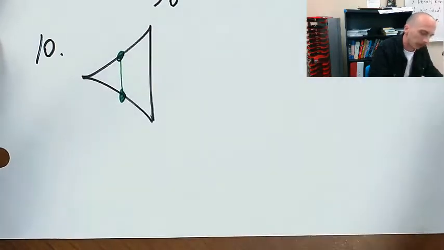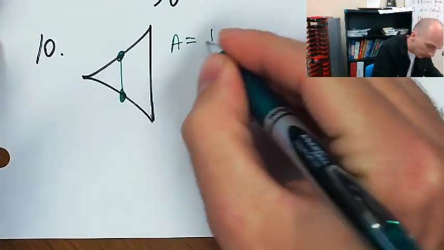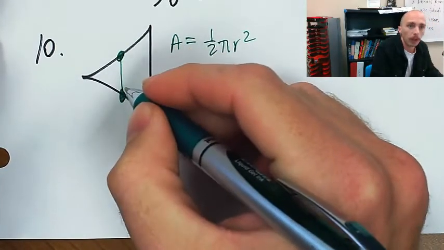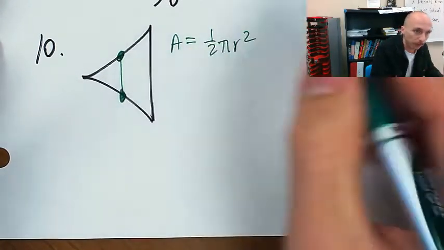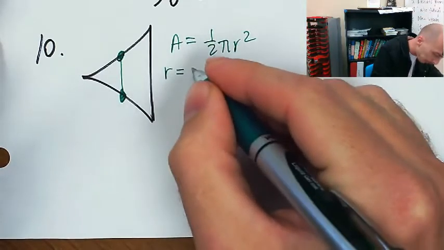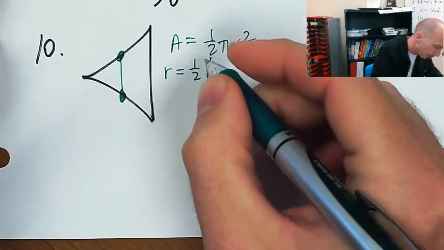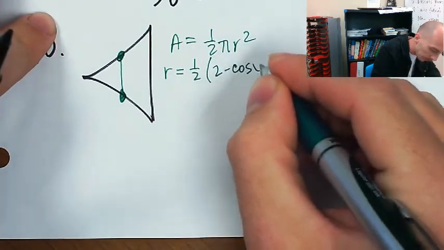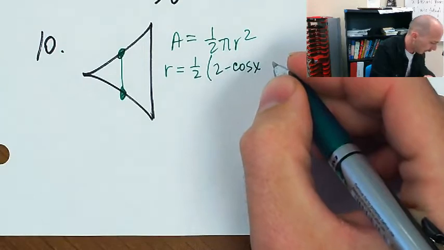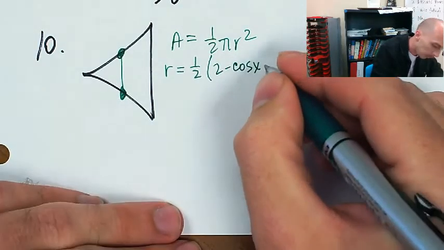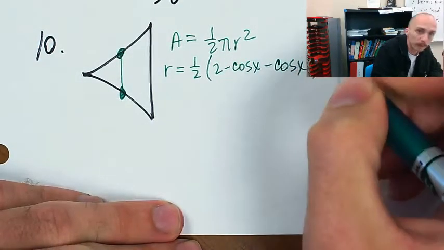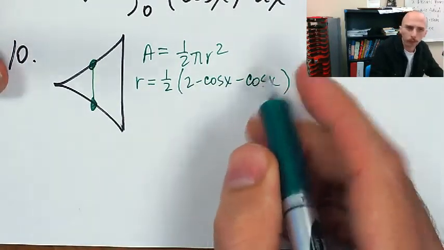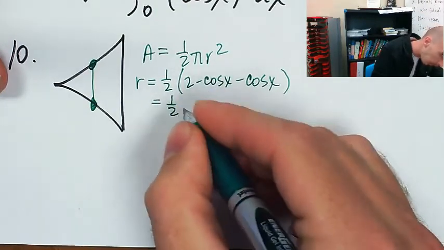So, draw a cross-section perpendicular to the x-axis. Area of a semicircle is 1/2 pi r squared. Notice that if this is going to be a semicircle, then radius is going to be half of top minus bottom. On top I have y equals 2 minus cosine x. And on bottom I have cosine x, so minus cosine x. And that's going to be half of 2 minus 2 cosine x.